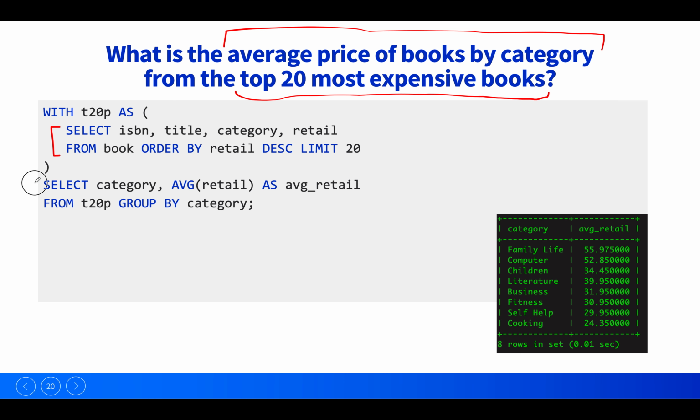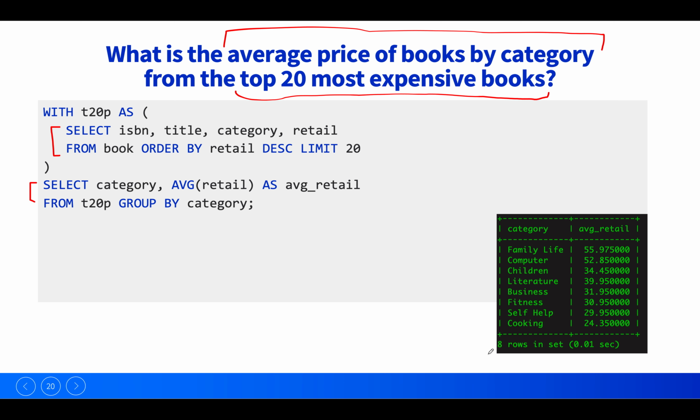Afterwards, we can select the following columns: category and the average of retail as average retail. We want to group our top 20 books by category. So we're getting all of the books from the CTE T20P, and then we're grouping them by category. If we execute this piece of code, we will get the following results.